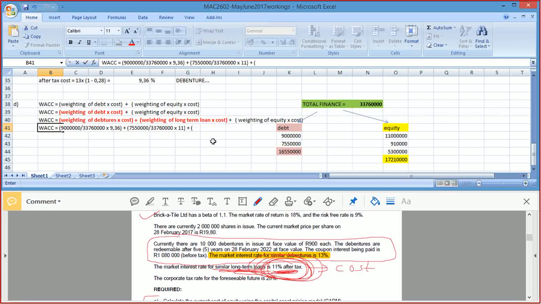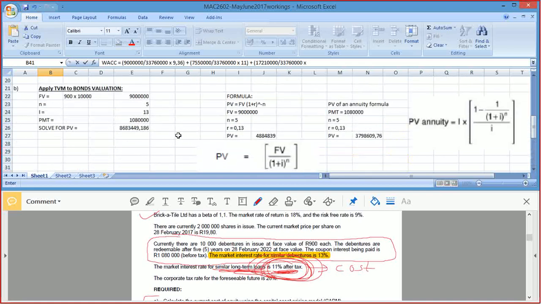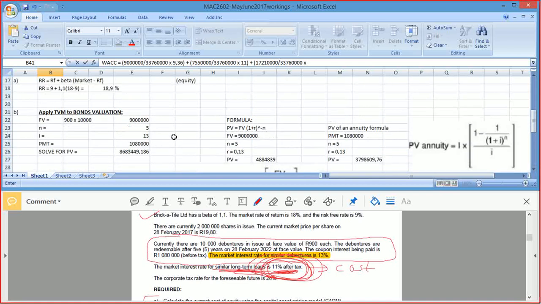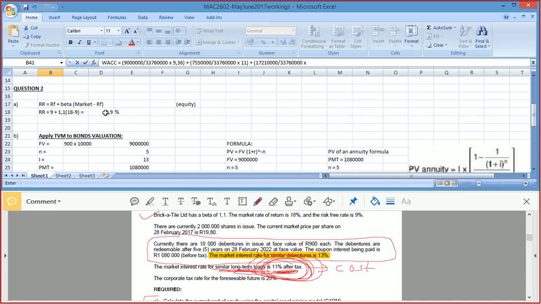Plus equity. How much equity do I have? Equity is 17.21, divided by the total, 33.76, times the cost of equity, which we worked out earlier. Where's the cost of equity? Here it is, cost of equity 18.9.